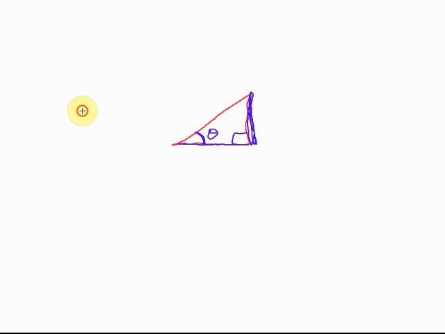And what we said is the tangent of the angle theta, which we abbreviate to tan theta, is equal to the length of this side, which we'll call h, and this side, which I will call for the moment L. So tan theta is equal to the length of h over the length of L.